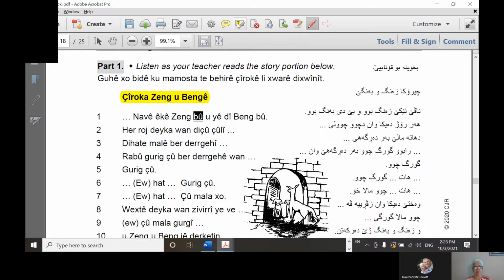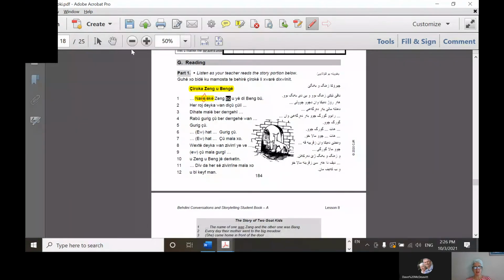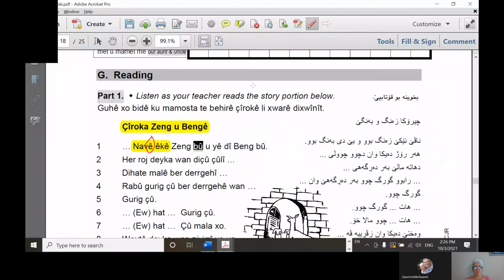All right, our next izafe phrase is nave eke. So nav is masculine. So we have the masculine izafe ending. And then ek means one. It's taking the feminine ending here. Feminine oblique case ending.